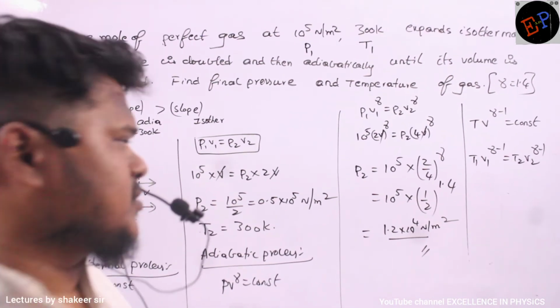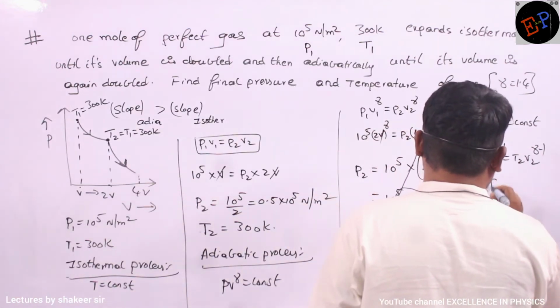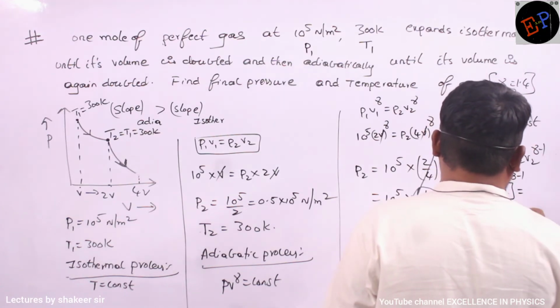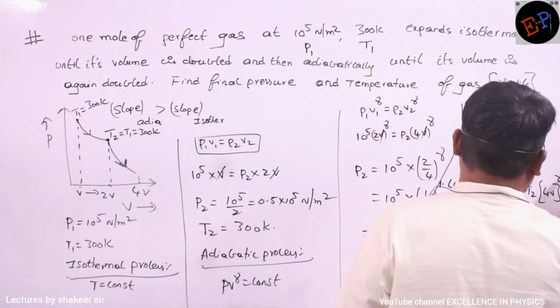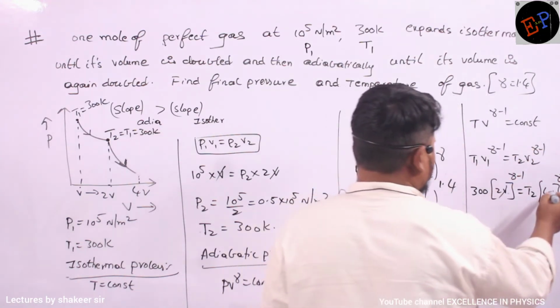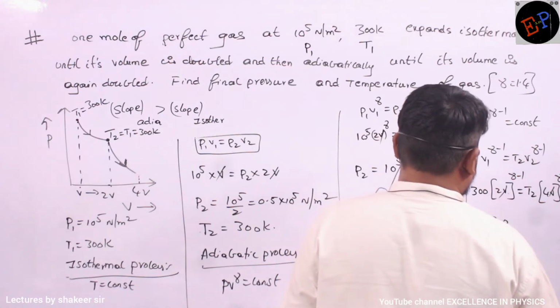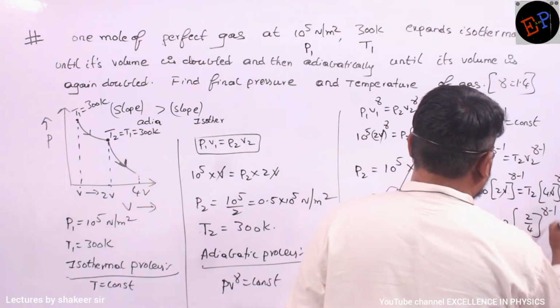Now substitute the values. Initial temperature 300. Initial volume 2V power gamma minus 1. So final temperature, I don't know. Final volume 4V power gamma minus 1. So again V and V get cancelled here. So therefore T2 is equal to 300 multiplied by 2 by 4 power gamma minus 1.